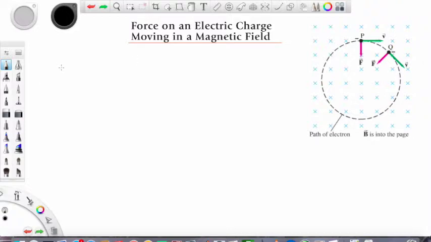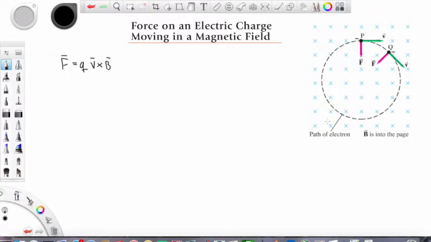The mathematical treatment is very similar. The force vector is given by the charge q, which can be negative or positive depending on the particle, multiplied by the cross product of the velocity of the particle and the magnetic field.